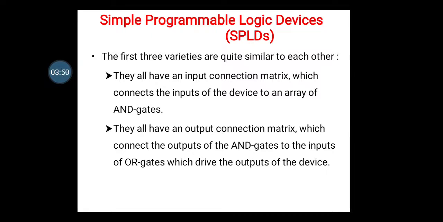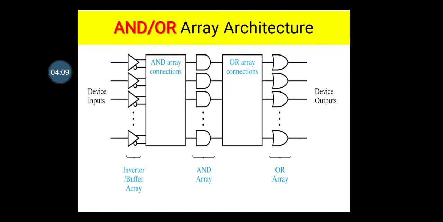What it actually means is that the inside architecture of these ICs has AND gates and OR gates arranged in a matrix form, as you can see here.